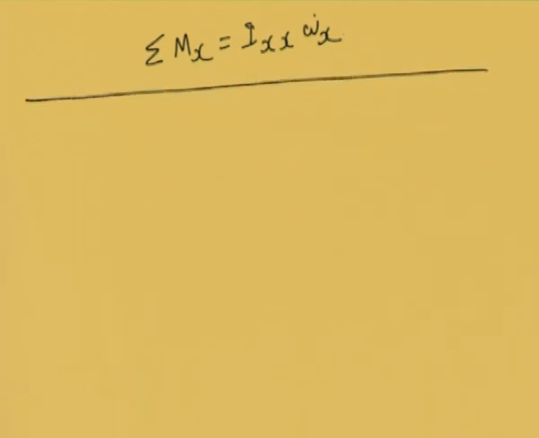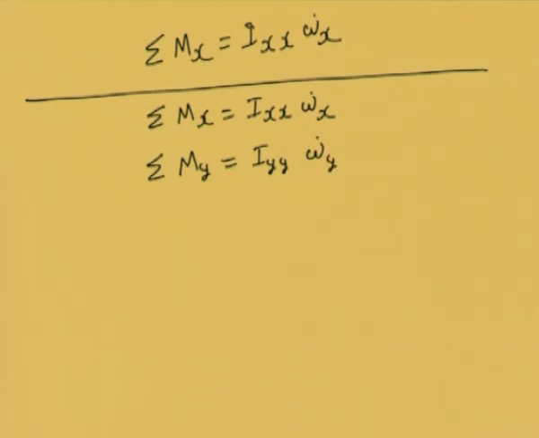Then one equation is sigma Mx is equal to Ixx omega dot x, sigma My is equal to Iyy omega dot y, sigma Mz is equal to minus (Ixx minus Iyy) omega x omega y.